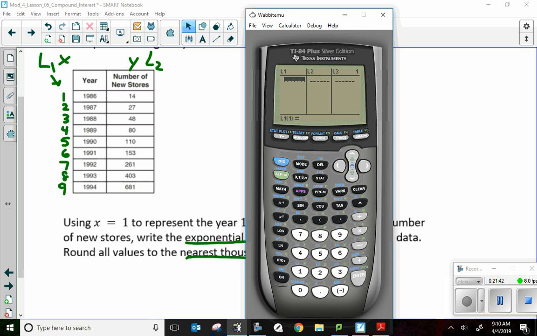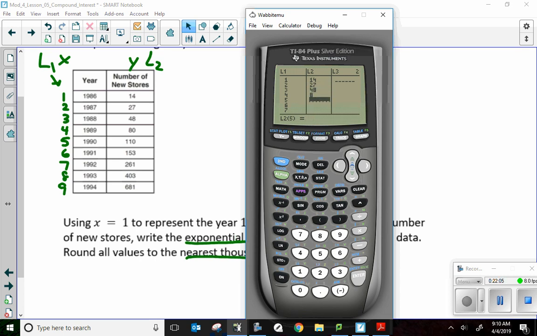Stat, edit, and I'm going to go 1 through 9. 1, 2, 3, 4, 5, 6, 7, 8, 9. So I've got 9 elements. I move to the side here. Starts at 1, 14, 27, 48, 80.